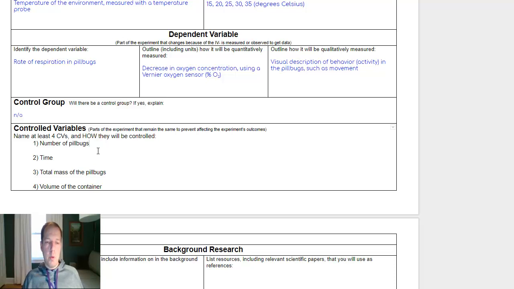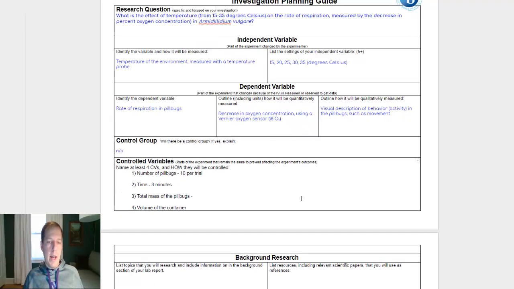For each of these, I should include a brief description of how they will be controlled. The number of pill bugs I'm going to select is 10 per trial. The amount of time that I'm going to use is going to be 3 minutes. The total mass of the pill bugs: it will be hard for me to determine this precisely, so I'm going to designate a range.